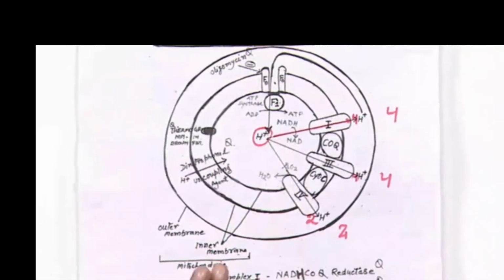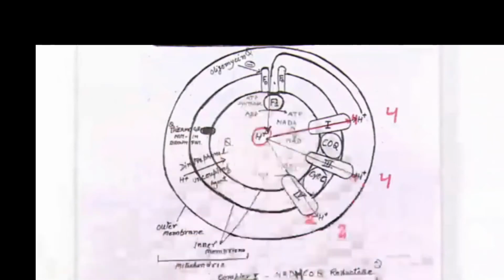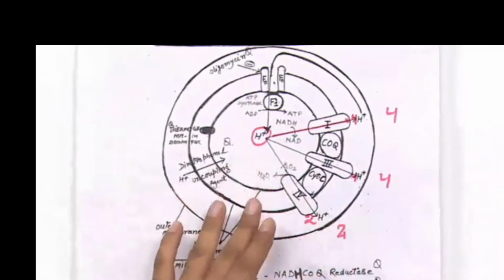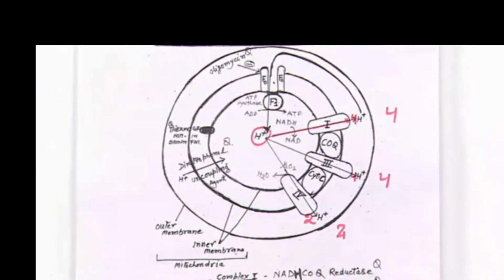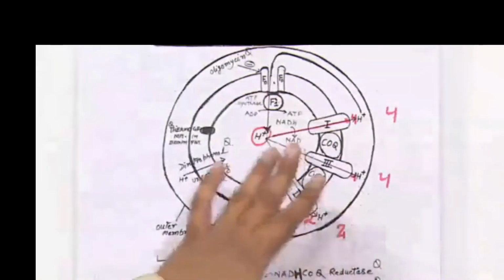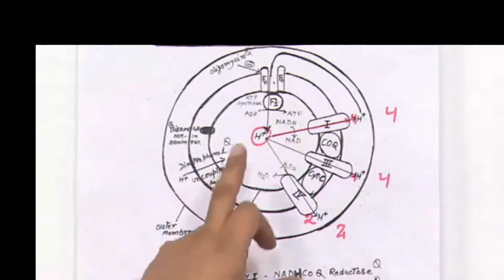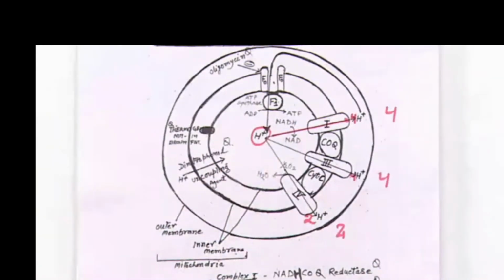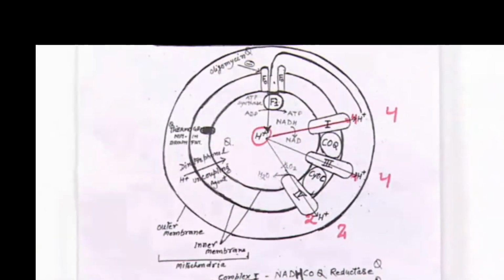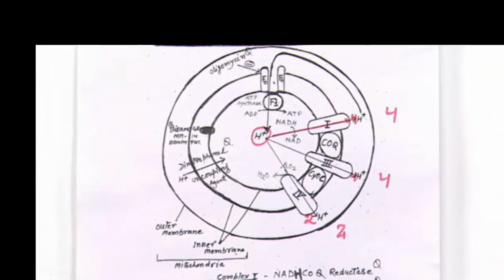We found complex second is not going to transfer any H+. If it doesn't transfer any H+, it's not going to produce any ATP. That is why not shown in this diagram. Okay, so question, complex second transferred no H+, 0 H+, so complex second produced 0 ATP, no ATP. Clear?